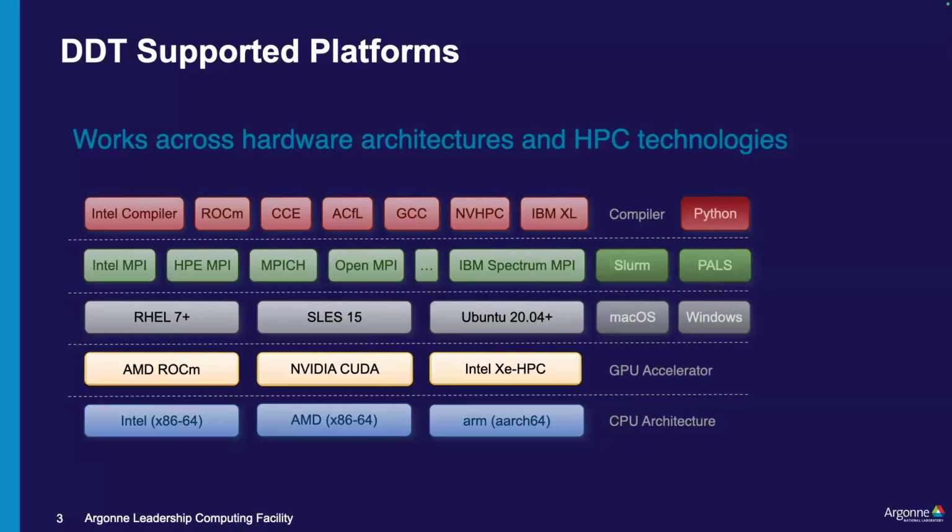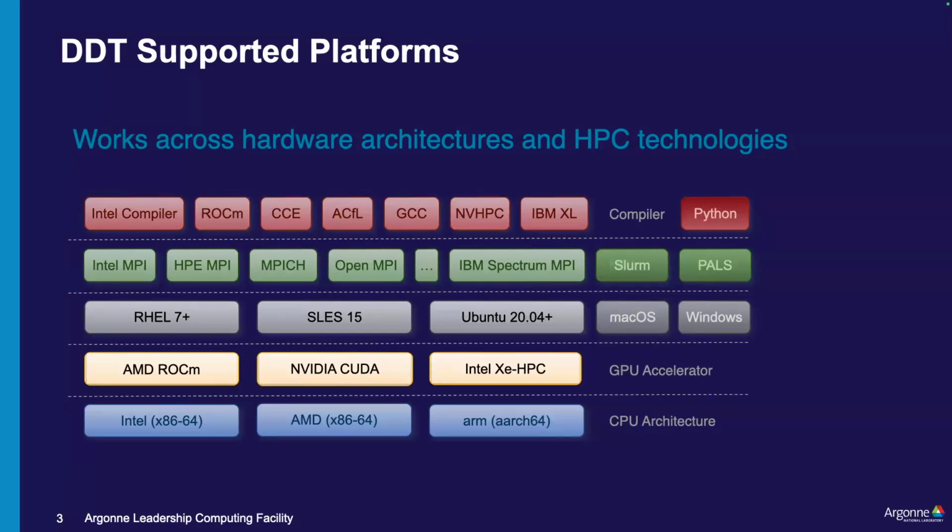So if you're running an example on Polaris or on Aurora, you'll be able to debug it in the same way. It also supports all the major operating systems and a whole range of MPIs, compilers and programming models such as SYCL, OpenMP, OpenACC, and all of those as well.